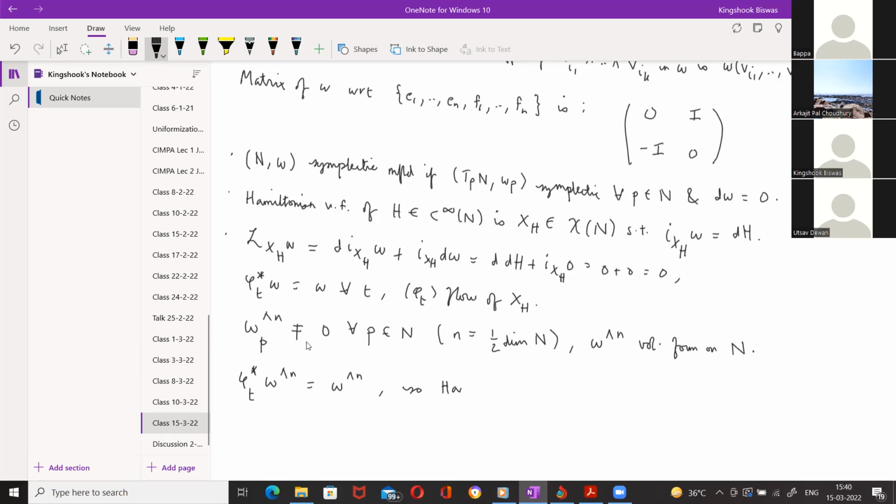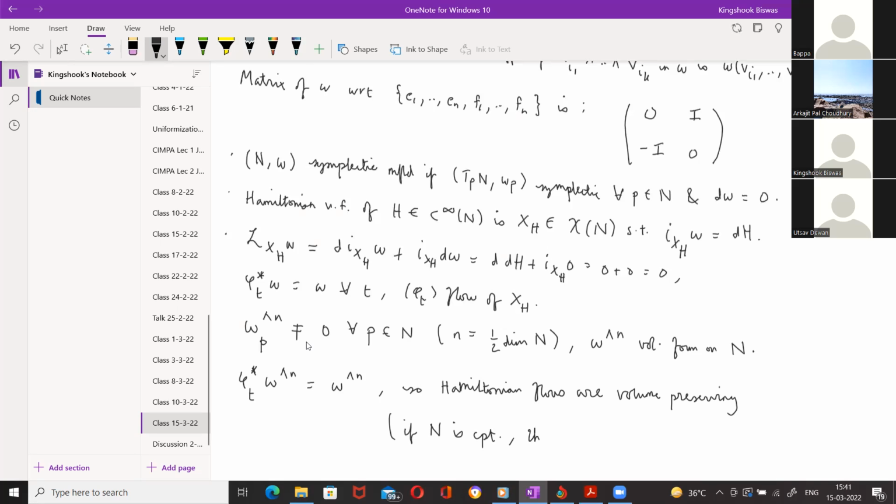So Hamiltonian flows are volume preserving. So if N is compact, then the total volume is finite by compactness.